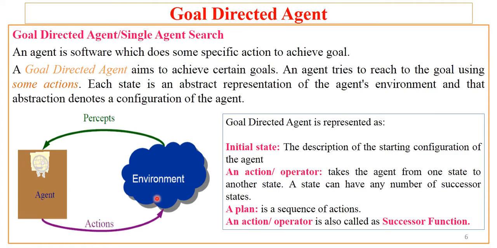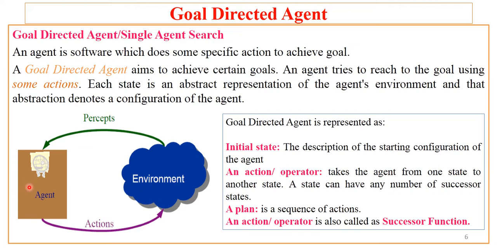Now what is this environment? The environment is a particular problem scenario wherein this agent works, and in that scenario the agent starts with a certain start state, and the intention of the agent is to reach the goal state, the specific goal which is defined by the problem designer.